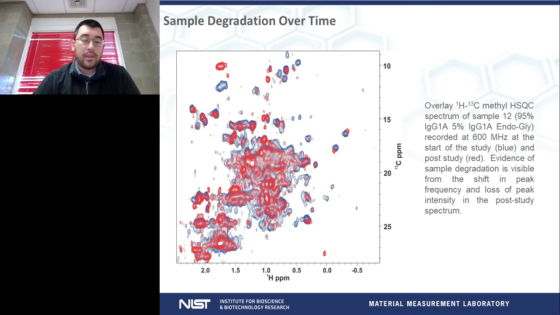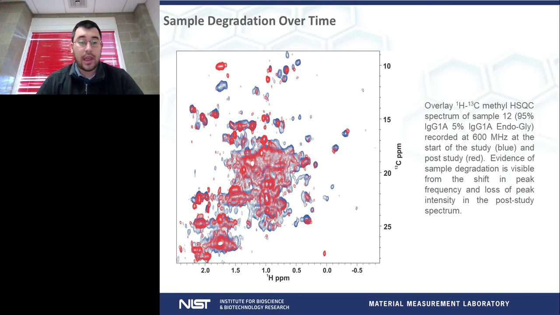So what we were able to conclude about this is that there was some form of sample degradation over time. In this case, what you see is the methyl fingerprint of the spectra collected at 600 megahertz of one of the samples.